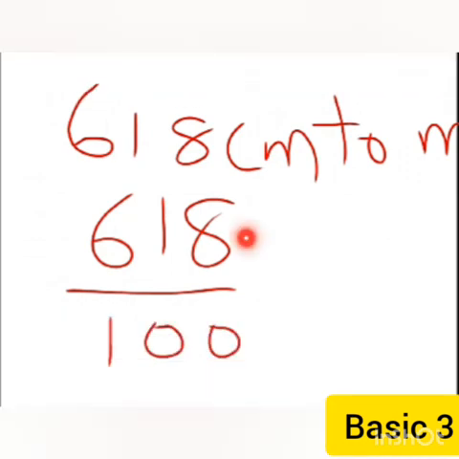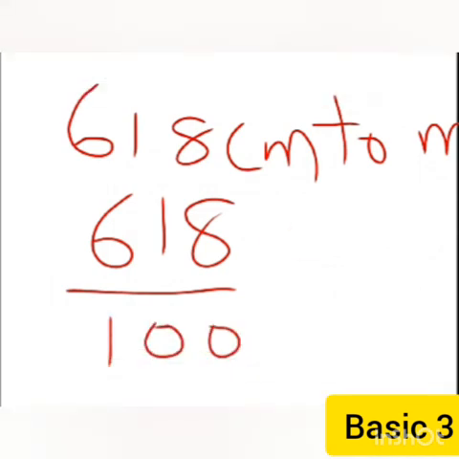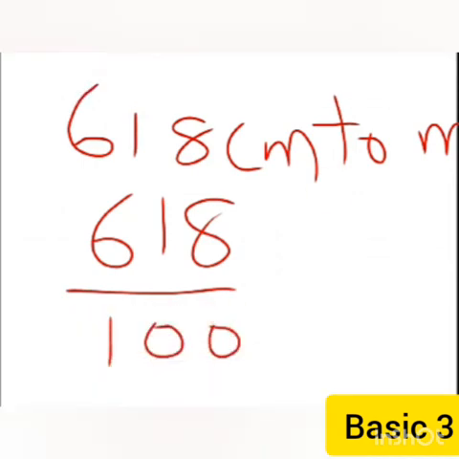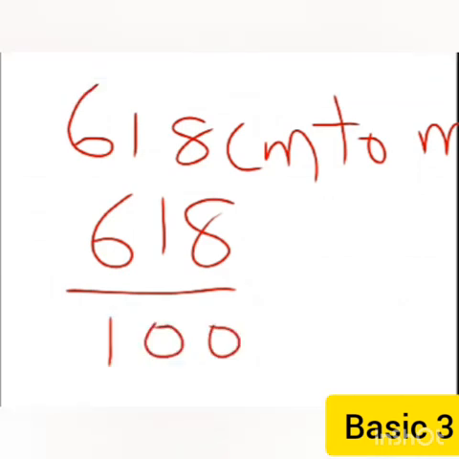So when dividing, the decimal point moves to the left 2 times. Why 2? Because 100 has 2 zeros. So it moves 2 times to the left because you're dividing by 100.